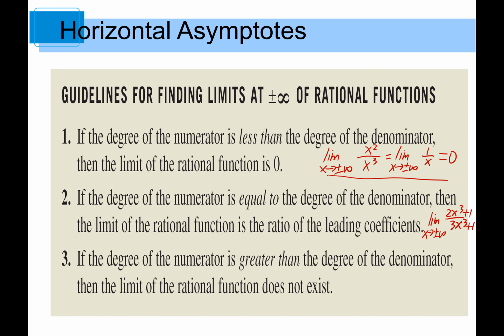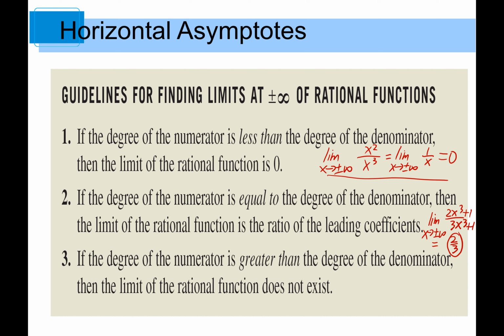Get rid of the 1, because compared to infinity, 1 is nothing. So 2 over 3 is the answer. Just cancel x cubed and it becomes 2/3. That's what we mean by the limit of a rational function being the ratio of the leading coefficients.